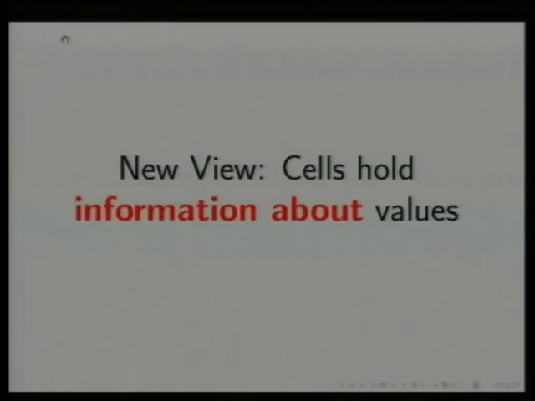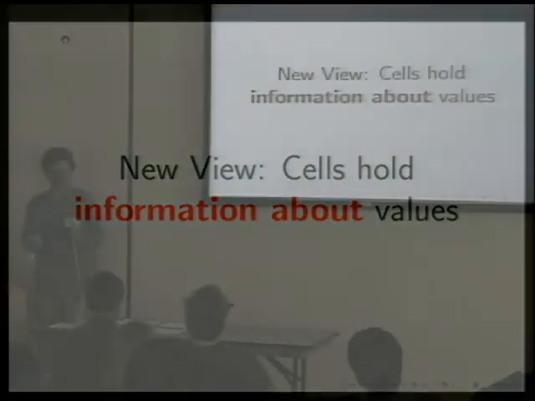Change the view. The perception of what a cell is about. A cell is not about a value. A cell is an accumulation of everything you know about that value, which much of the time might be less than a complete description of what the value is.